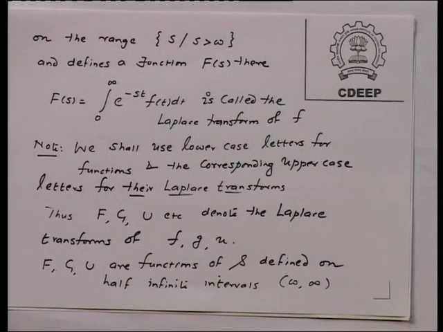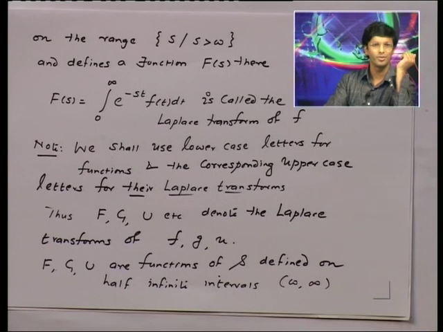So typically the functions will be little f, little g, little u, and the respective Laplace transforms will be denoted by capital F, capital G, capital U. The variable for the original function will be little t, and the Laplace transform will be a function of s. This is a convention that is universally followed, and we will also stick to the convention. Okay? And the Laplace transform will be defined on some interval of the form omega to infinity.